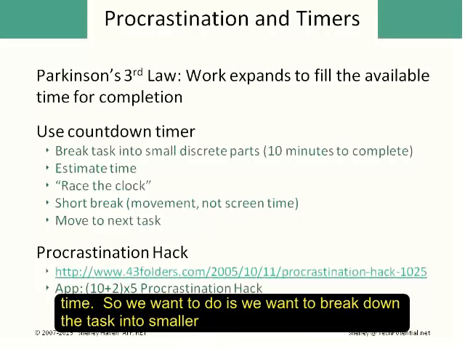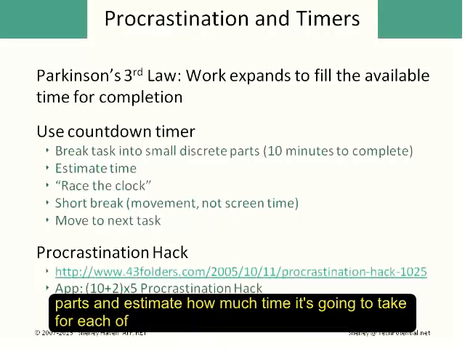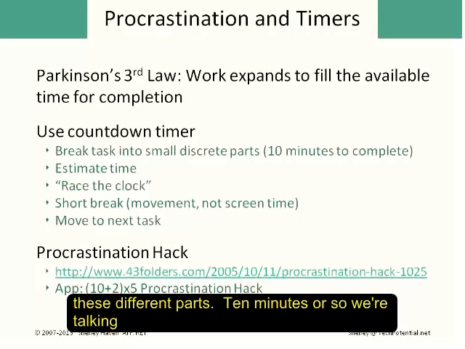So what we want to do is break down the task into smaller discrete parts, and 10 minutes or so is actually a pretty good idea of how to do that. And then estimate how much time it's going to take for each of these different parts, and then attempt to race the clock.